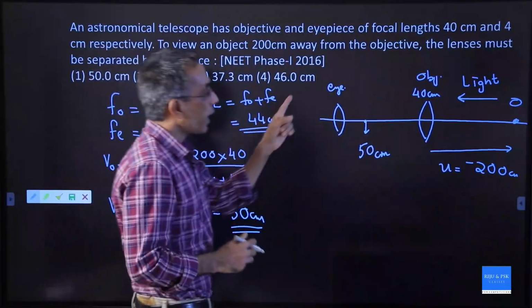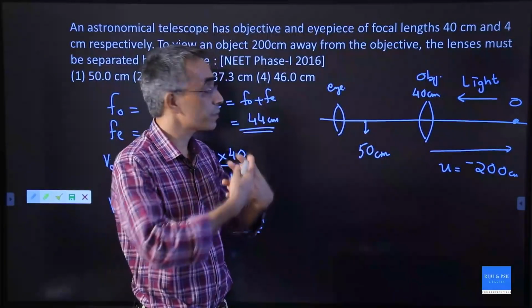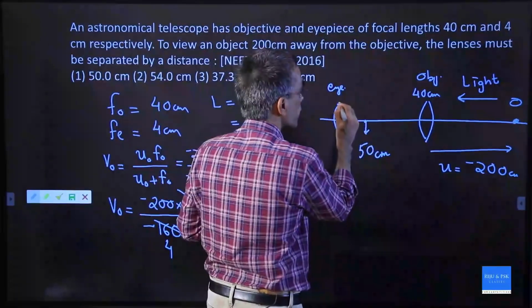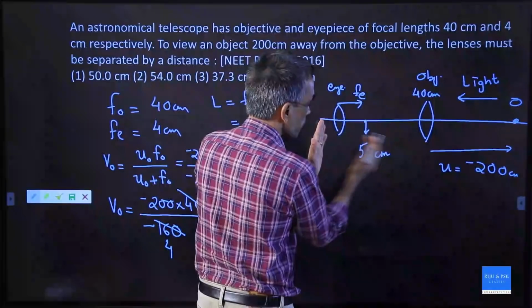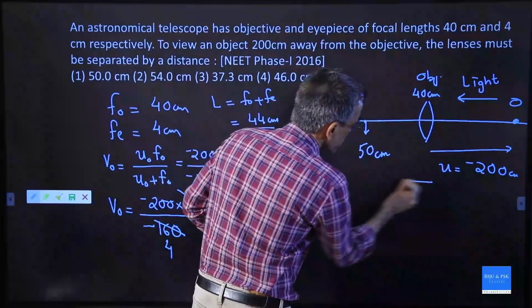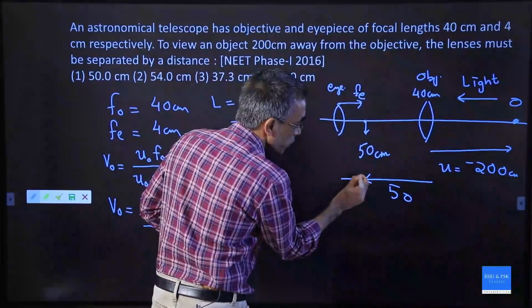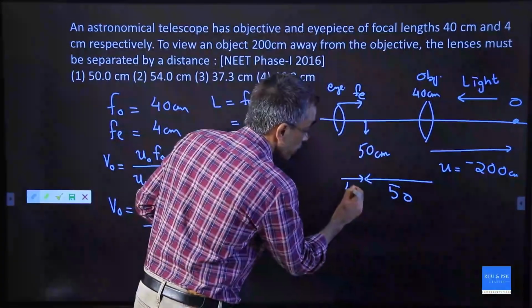Okay, so the eyepiece should act like a simple microscope and its final image must be at infinity. So this first image should be at the focal point of the eye lens. So this distance must be the focal length of the eye lens. So I will say from the first lens up to this point it is 50. From the second lens up to this point it should be equal to the focal length, which is equal to 4.